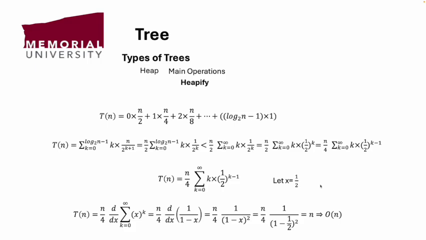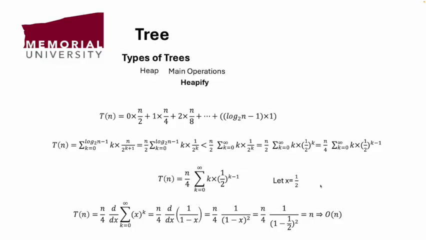Now we want to build a formula for this case. We put the 1 over 2 on top of the sum, so it becomes n over 4 times the sum of k times 1 over 2 to the exponent k minus 1. We borrow a 2, right?